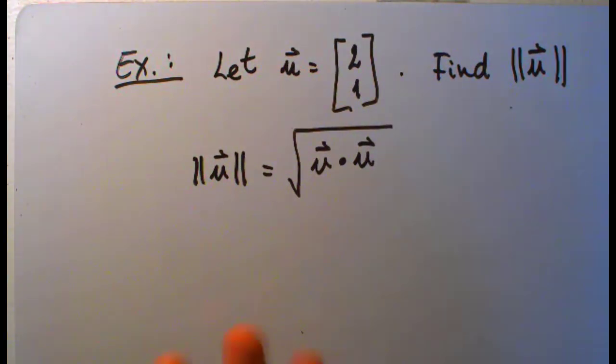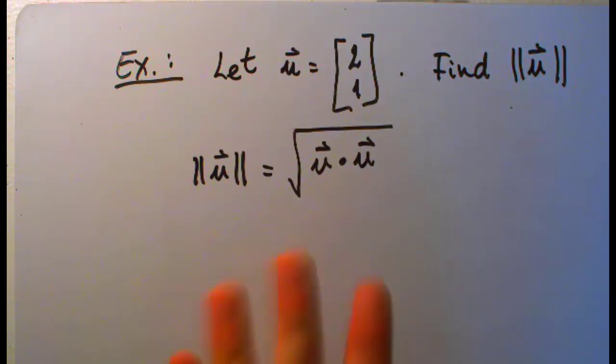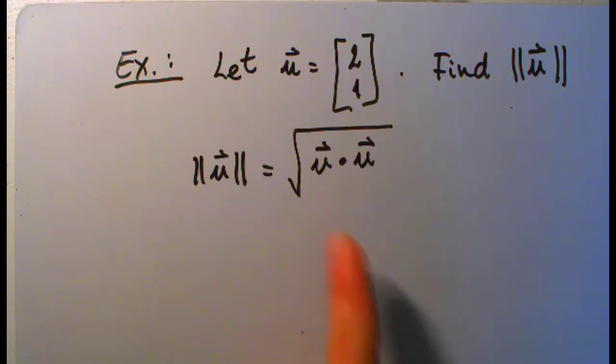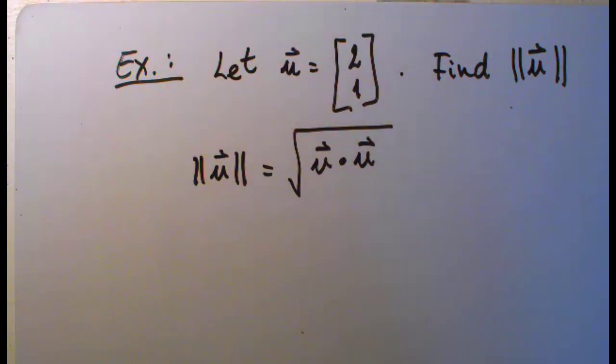I purposely wrote the work so that it follows the order of operations: you need to take the dot product between u and itself first, and then take the square root of that.